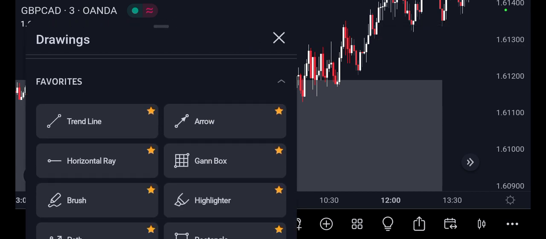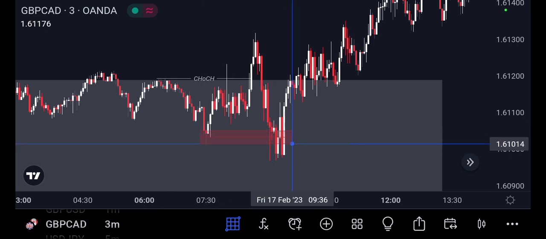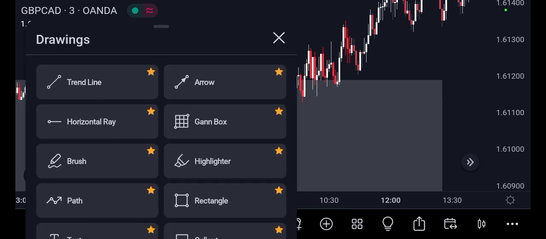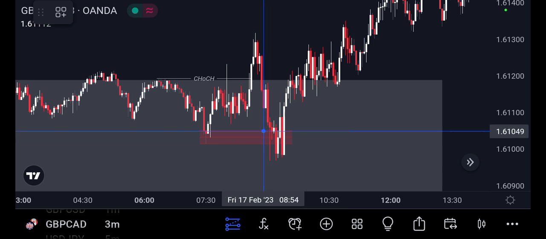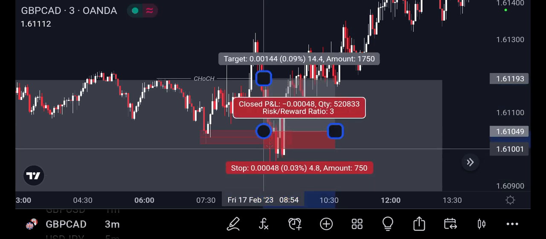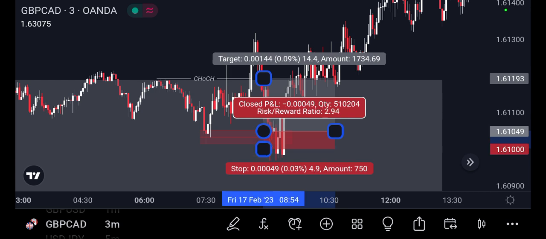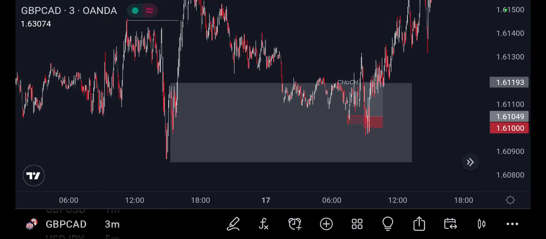I already marked out your zone, the last sell candle before the buy candle that broke structure. This is why I said you shouldn't put your entire money on just because you are seeing a confirmation entry, because that zone can hit your stop loss. Fine, you're leaving space in case of spread, left space like this, 4.8 pips. But see what happened. It sniped your stop loss and moved in your direction.